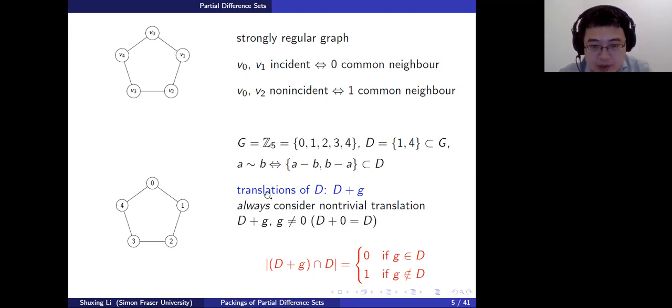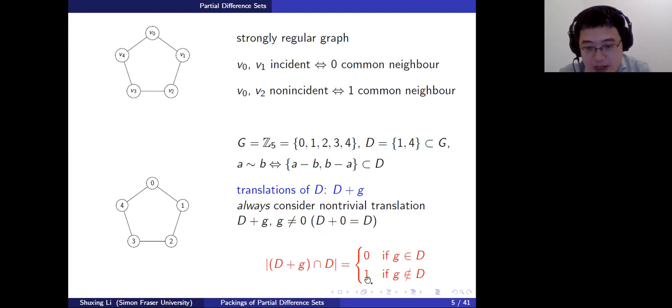Well, we consider the translations of D, which is written as D plus g. We always consider the non-trivial translation in which the element g is not the 0 element in the group. And by simple verification, we can see that taking any translation and intersecting with D, the size of the intersection takes exactly two values, 0 or 1.